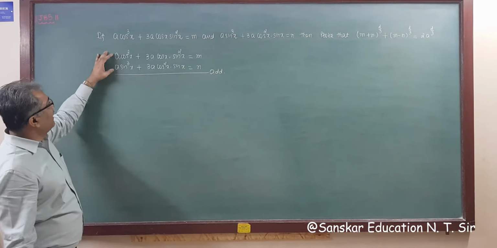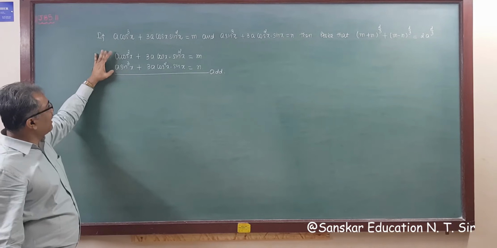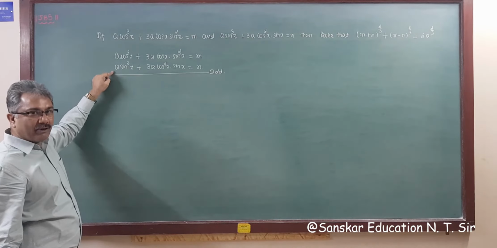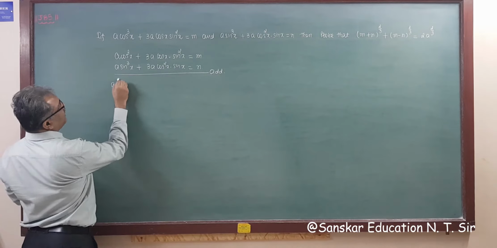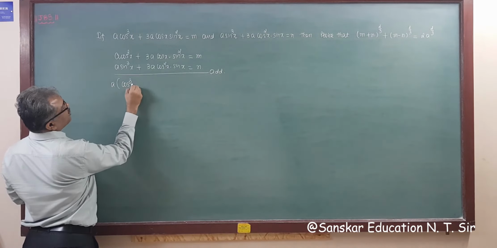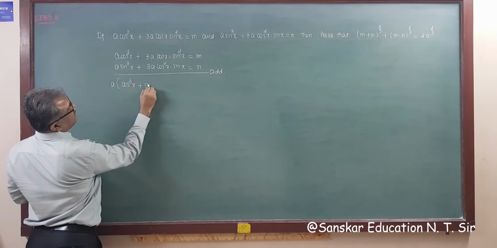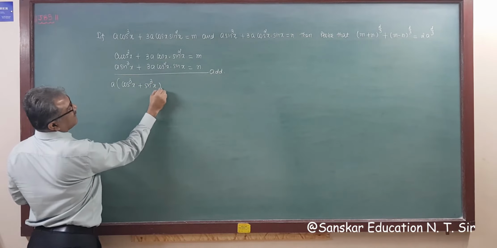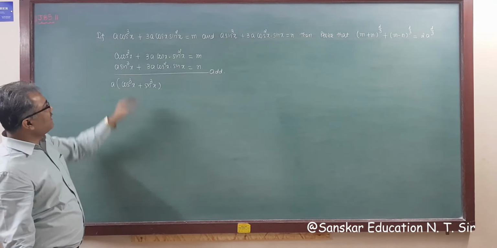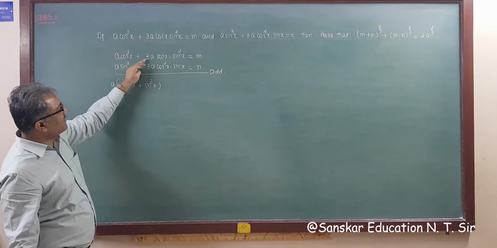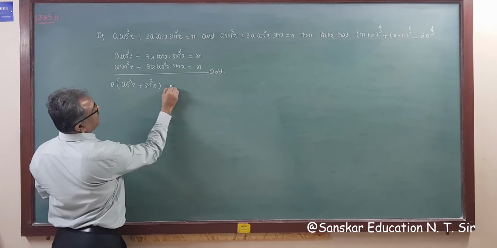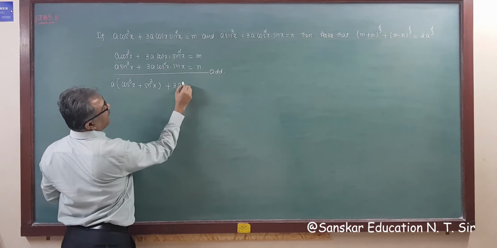What we get? A common, a cos cube x plus a sin cube x. So a is common here. This is cos cube x plus sin cube x, right? Then the sum of this, 3a is common, so plus 3a common.